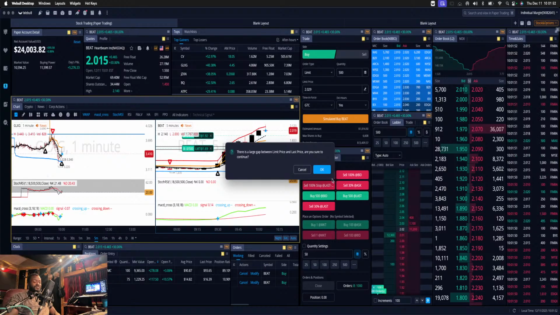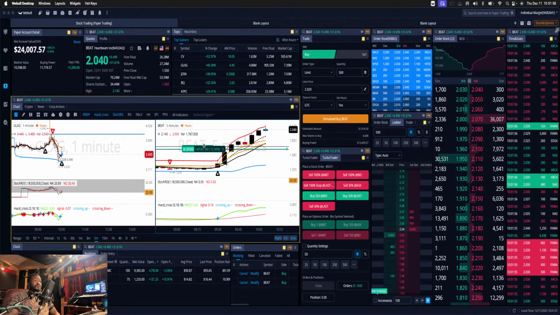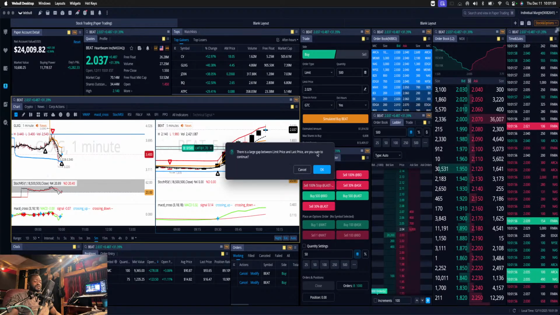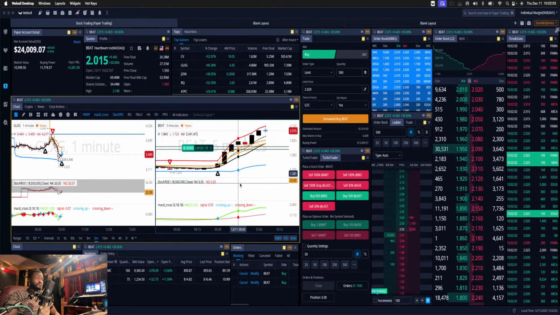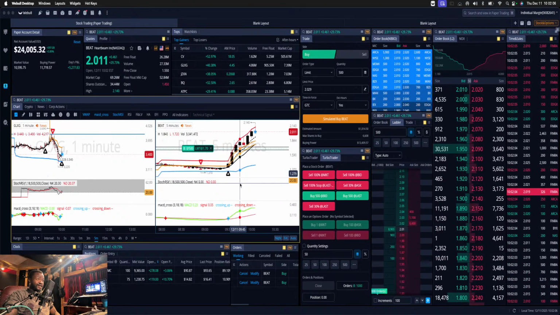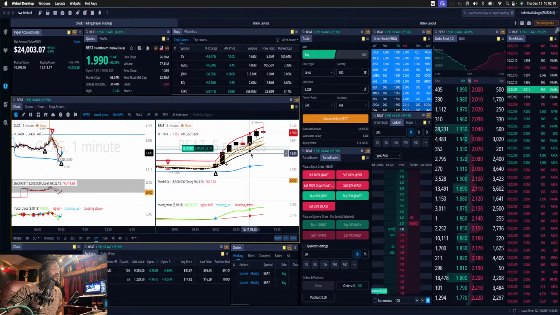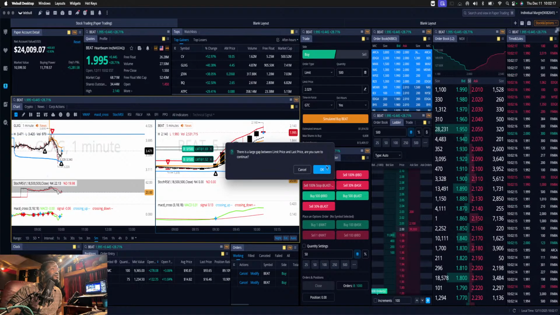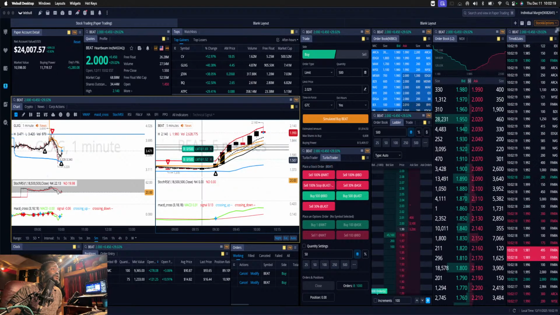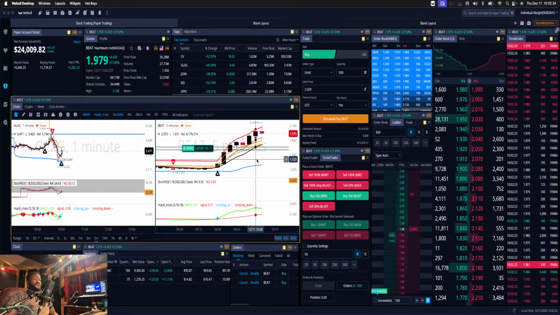I'm moving all my orders in this gap. If it never comes back to that gap, then I'm good. We got 1,000 shares at that first gap. That's the second gap at 150 actually. It might not. If it goes down to that second gap at 150, we'll add again.